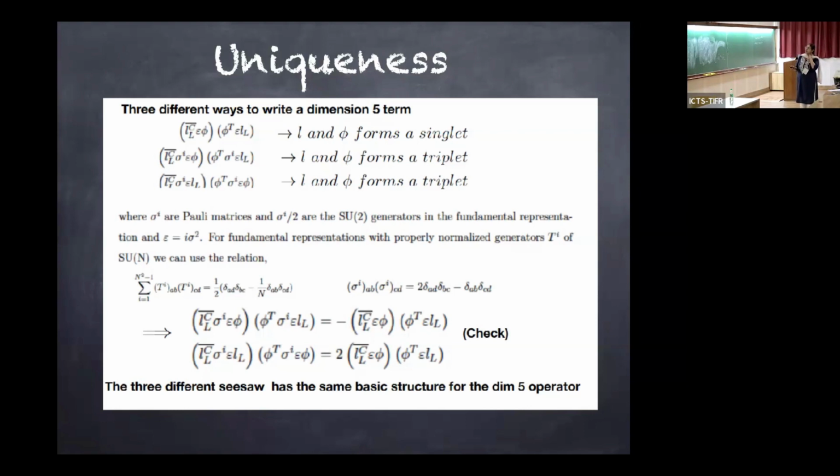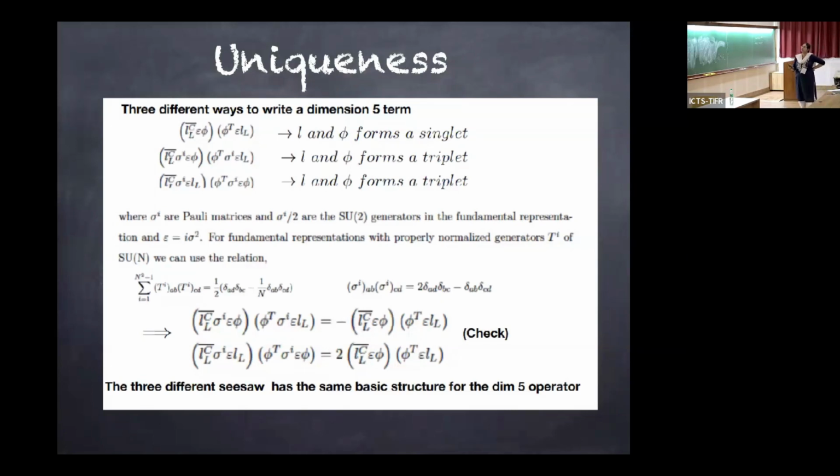Then I have L and phi forming a triplet. So I have this sigma I epsilon, because I have shown you earlier that if I write with that, then that is a triplet.